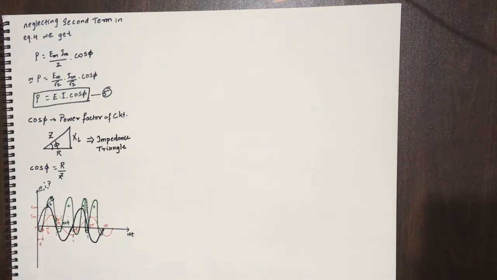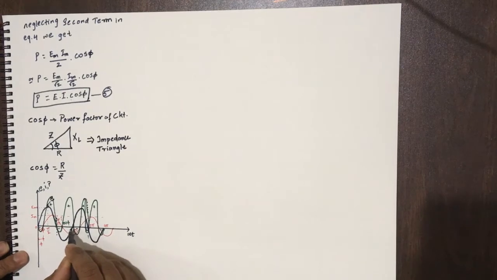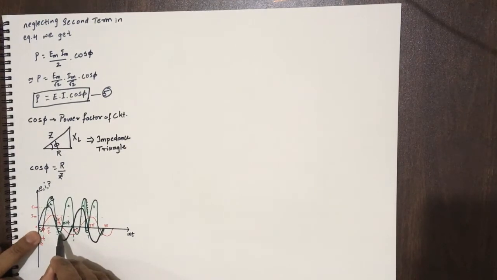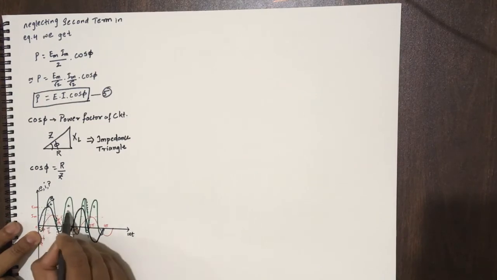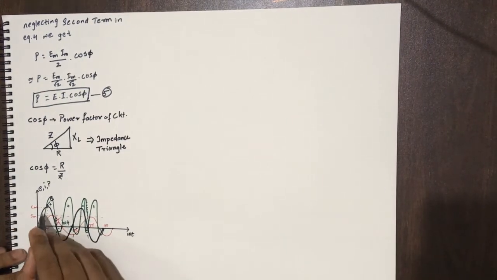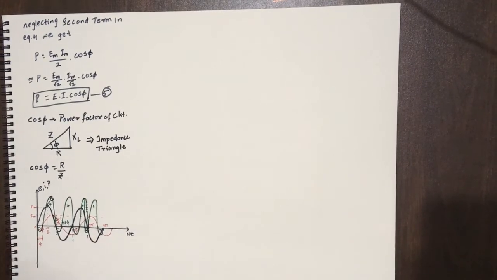If I consider the power from 0 to 2 pi over a complete cycle, the negative pulses are very small and the positive pulses are very much pronounced. Therefore the average power in the circuit is positive.